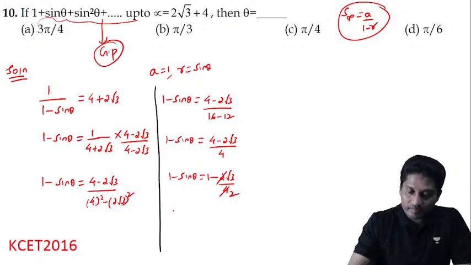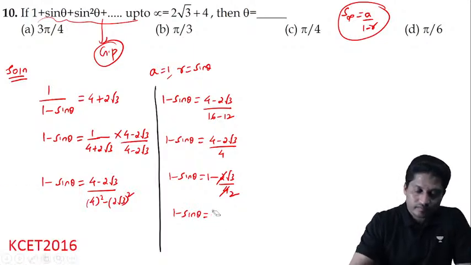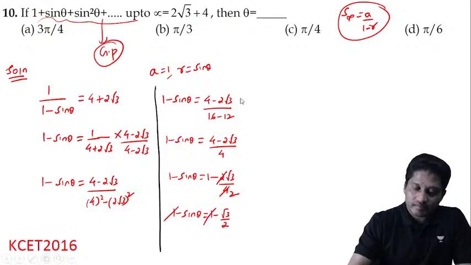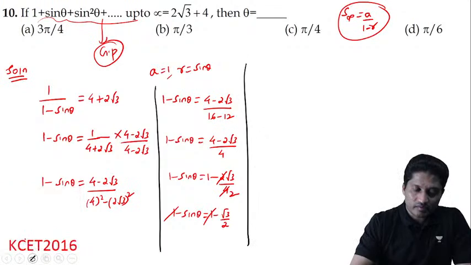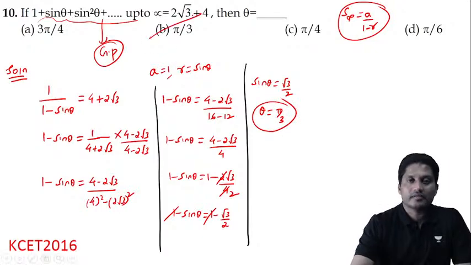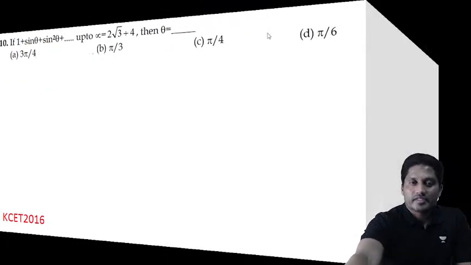Okay, now I get 1 minus sine theta is 1 minus root 3 by 2. It will cancel, minus and minus cancels. Okay, sine theta is equal to root 3 by 2. Sine theta is root 3 by 2 means theta should be equal to pi by 3. Answer is option B. Let's move to the next question.